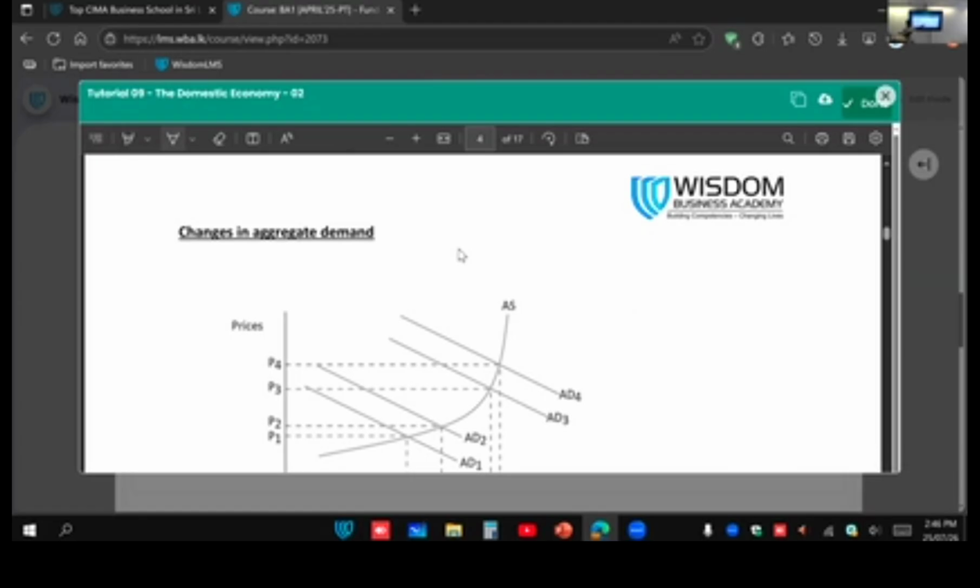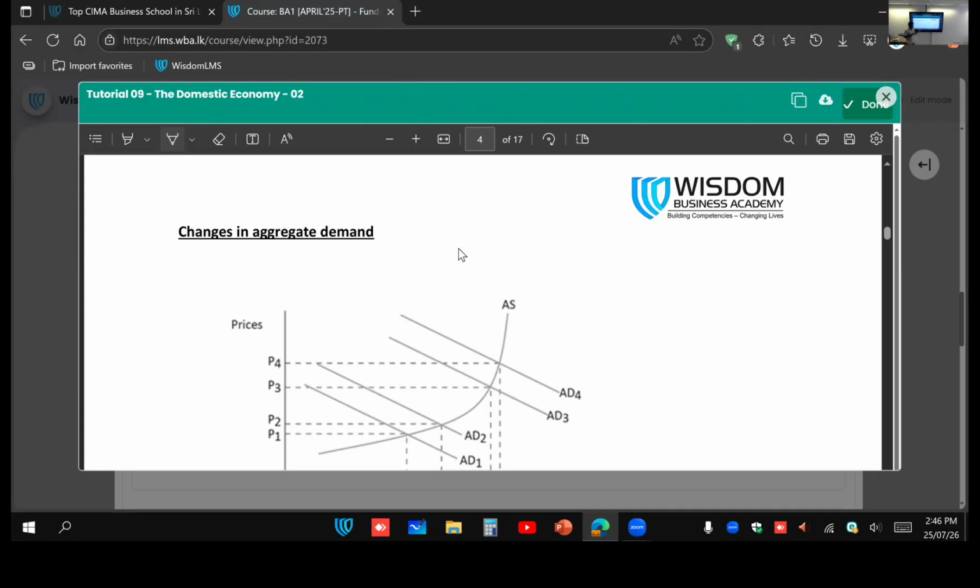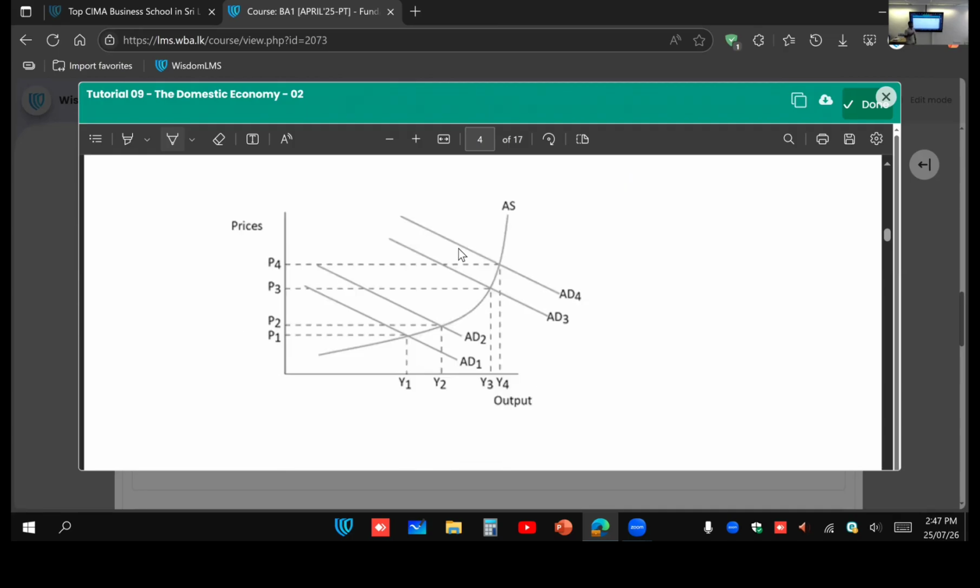So here, aggregate demand I can treat that way, but the aggregate supply has a considerable curvature. So we can't consider that as a straight line, because although we can increase output, that is limited by the availability of resources. So this is the aggregate supply curve, and the aggregate demand curve.